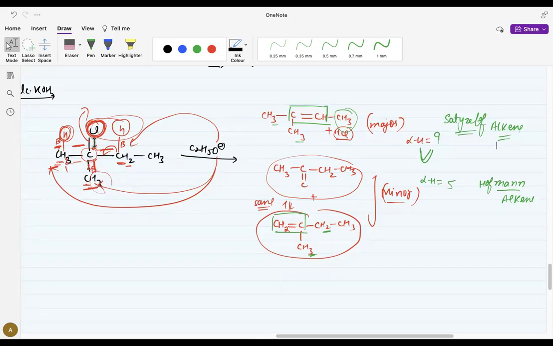Write yes or no in the comment box. Chat box में yes or no लिख दें.